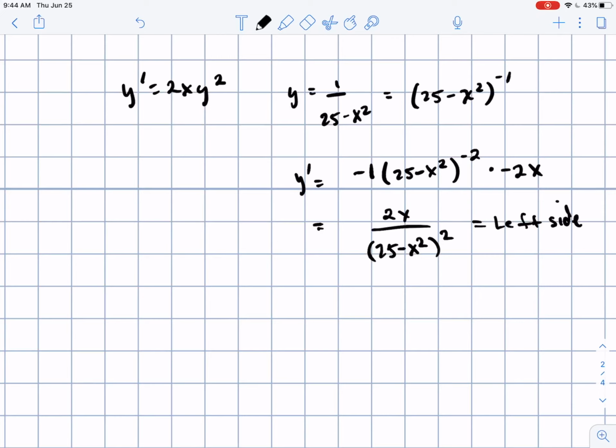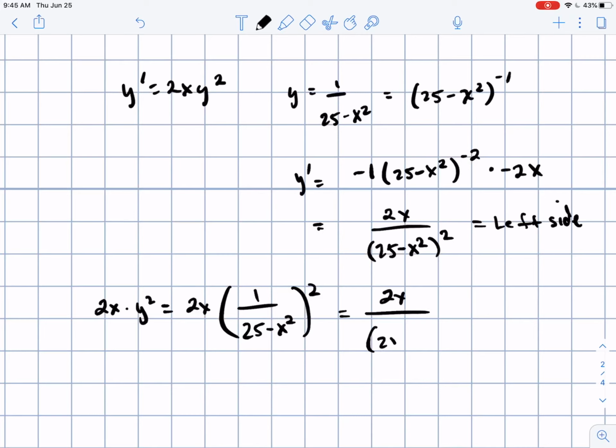And then we could do, like, 2x times y squared, so we could just write it 2x times 1 over 25 minus x squared, the whole thing squared, which, I mean, that's pretty easy, because that's just 1 squared is 1, so times 2x you get 2x, and then we could just write this as squared in the denominator, and this is equal to the right side.